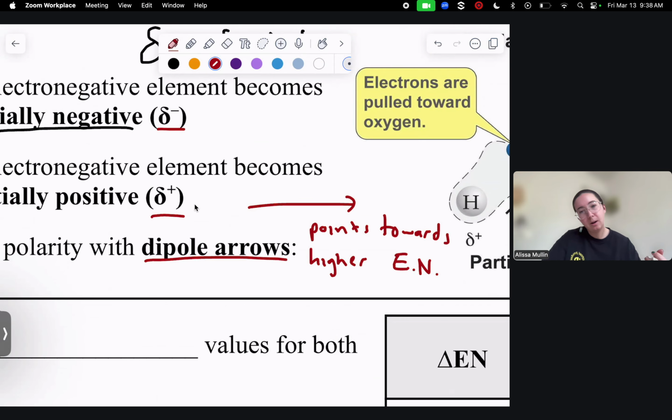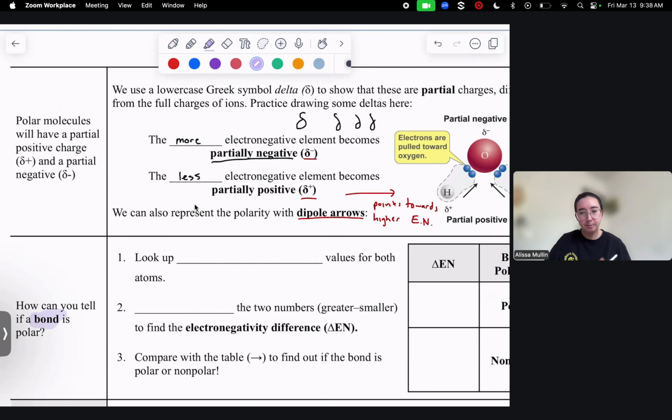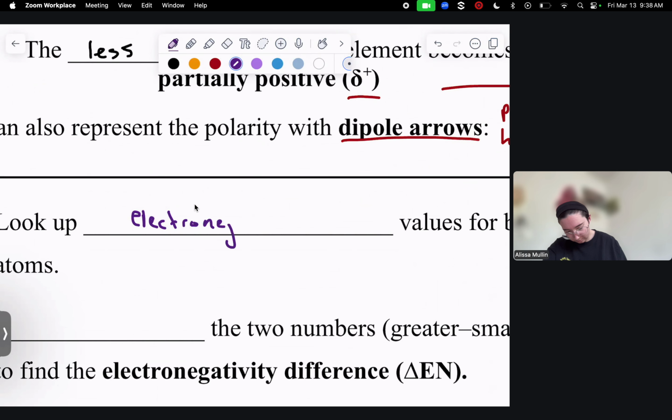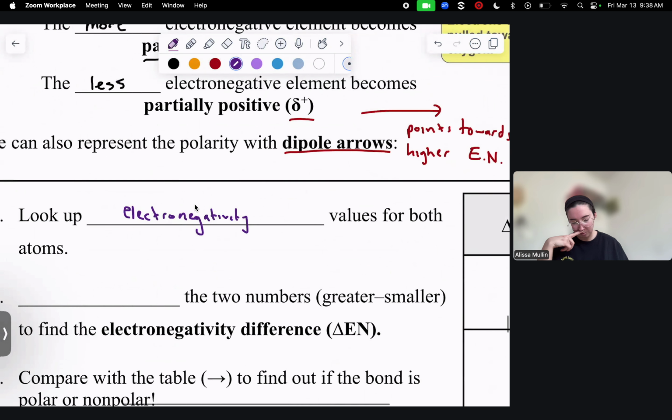So first, we're going to focus on bonds. So just a partnership, right? Two things connected. And let's talk about how we tell if that is polar or not. So what we're going to do is look up the electronegativity values for our two partners, for the two atoms in the bond.